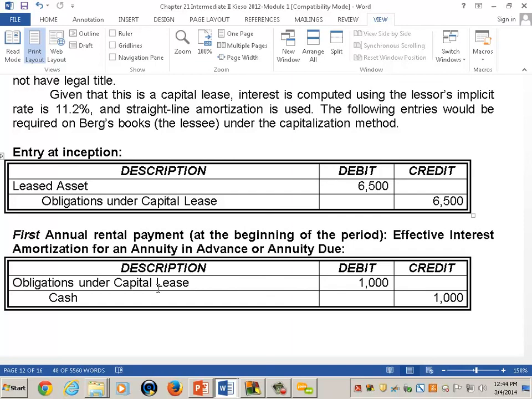So let's say that's January 1st, that's January 1st. So one of the things you have to get used to with annuities in advance at the beginning of the year, payments come off immediately and there's no interest on that payment. So it's the same thing when you lease a car. Your first lease payment is principal, 100% principal. So there's no interest on that $5,500. There's no interest on that first payment.